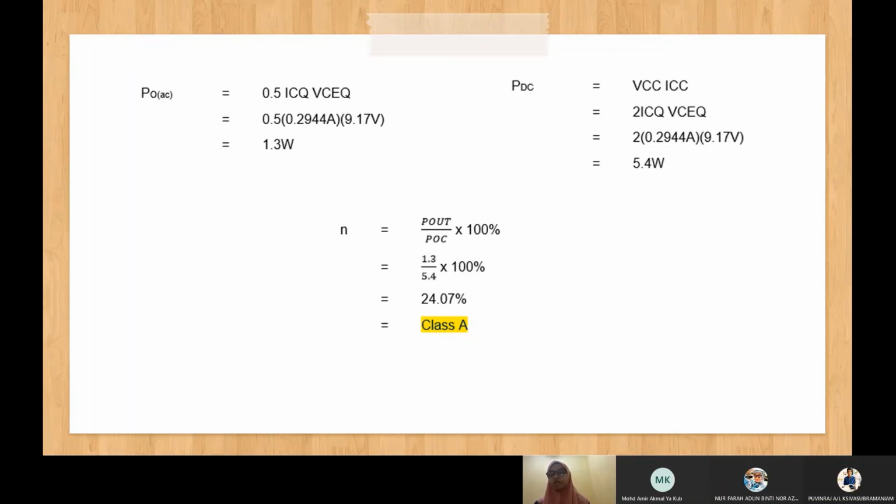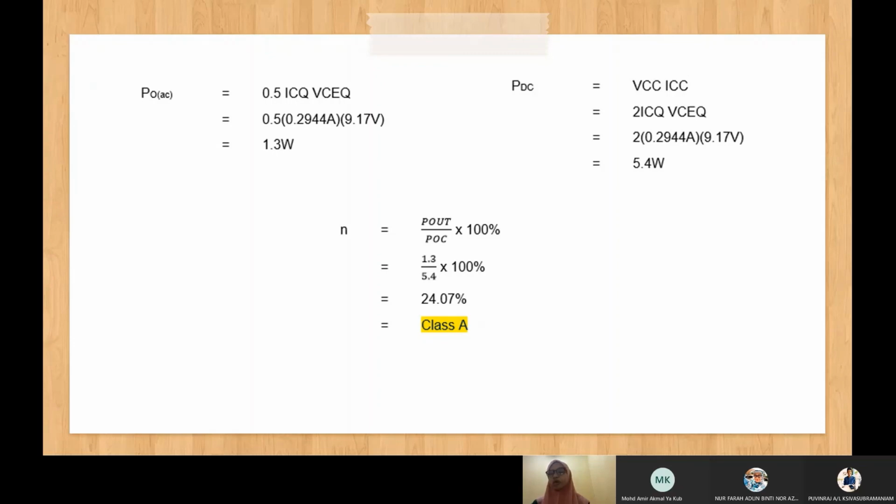All right, for the power consumption, we use the formula VCC times ICC, which equals 2 ICQ times VCEQ. So we substitute the values and we get the power consumption equal to 5.4 watt.